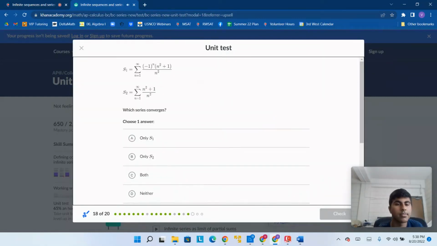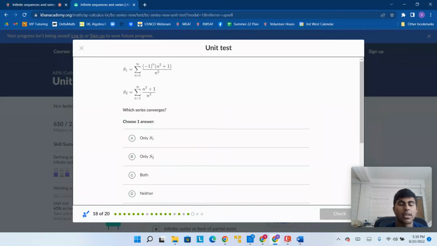Let's keep going. Now we have S1 equals the sum of -1 to the n times n squared plus 1 over n squared. S2 is the same thing but without the -1 to the n. Which series converges? Well, for both of them, if we plug in infinity as n, we're going to get infinity over infinity, which is 1, because it's going to be the same thing.